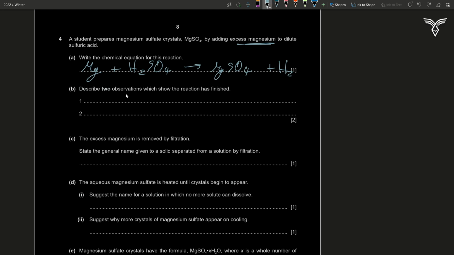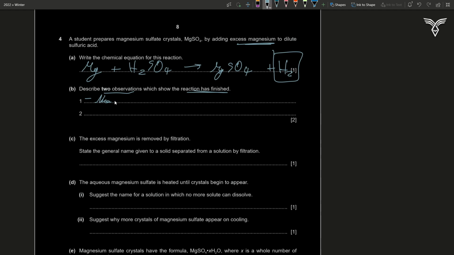Part B describe 2 observations يعني حاجة أنت بتشوفها بعينك which show the reaction has finished. طيب هنا we have a gas being produced. ف when the gas keeps producing احنا كده عارفين إن ال reaction بيحصل. طب what happens when the reaction is finished?